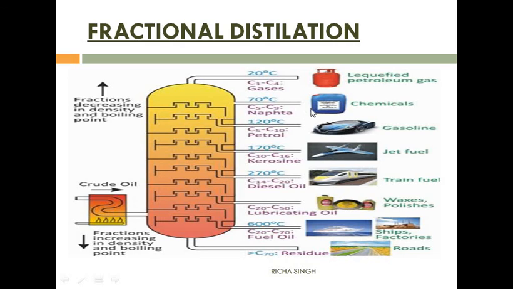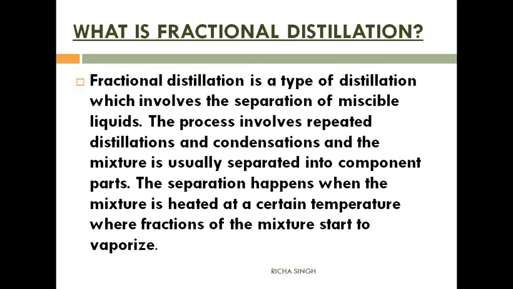Then different chemicals including naphtha come out at 70 degrees Celsius. Jet fuel, that is kerosene, at 170. So as we increase the temperature, depending upon the boiling point, different fractions or components of petroleum can be taken out and used in different ways.